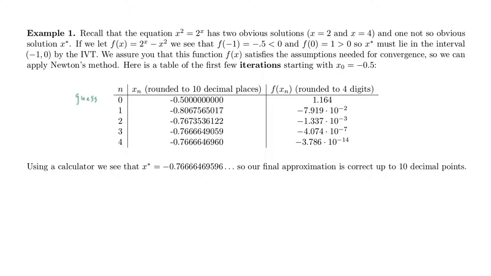And now if we use a calculator, here's what the calculator actually outputs. So this will be accurate up to all of these decimal places. And we see that the first decimal place where they're different is the 11th. 1, 2, 3, 4, 5, 6, 7, 8, 9. Well, okay, I guess this is the 10th decimal point.